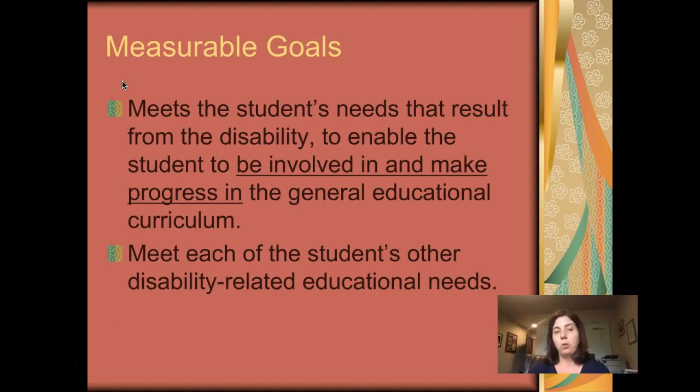So measurable goals is what we're going to be talking about this week. First off, it's important that these goals help the student meet the needs that result from the disability, to enable the student to be involved in and make progress in the gen ed curriculum.